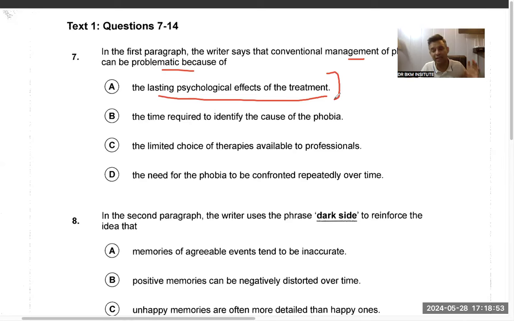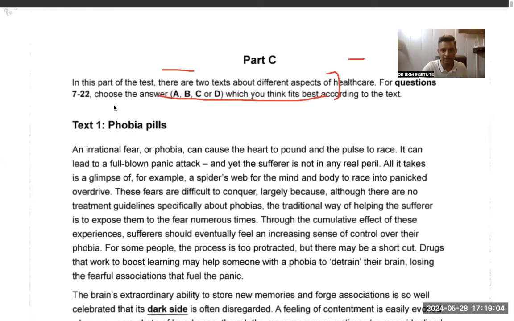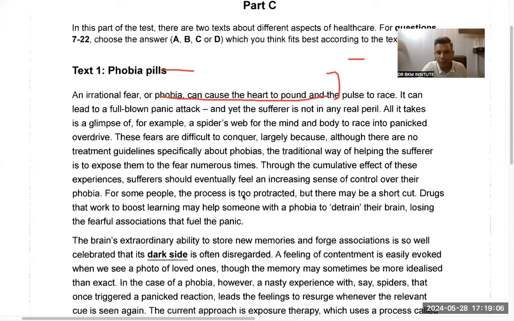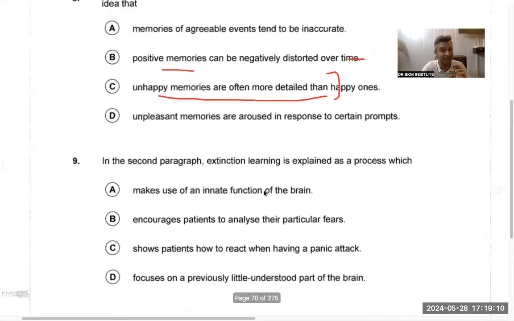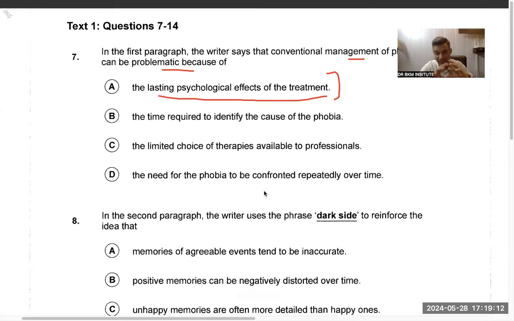There was nothing like that given, that if you treat the patient, the psychological effect is too long. Nothing like this was given. The process was given as lengthy. Again, I will show you the exact word: the process is protracted. The psychological effect is not the issue; the process itself is lengthy.